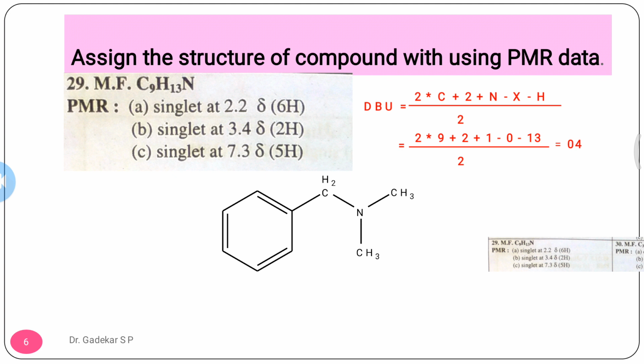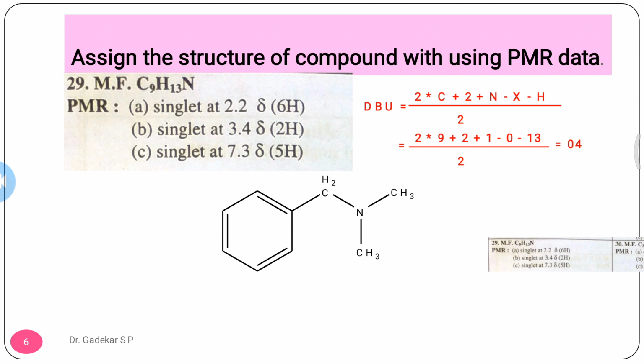So the given PMR shows 3 signals, meaning 3 sets of protons are present in the compound. First is a singlet at 2.2, 6 protons. 6 protons are a singlet. It means there are no neighboring protons. Second, singlet at 3.4 delta, 2 hydrogens.